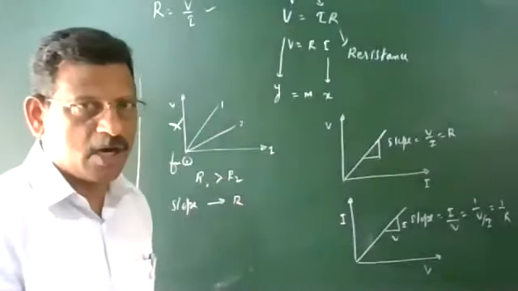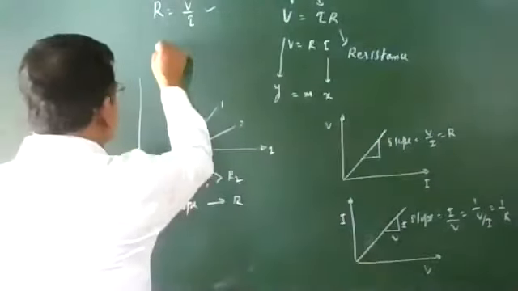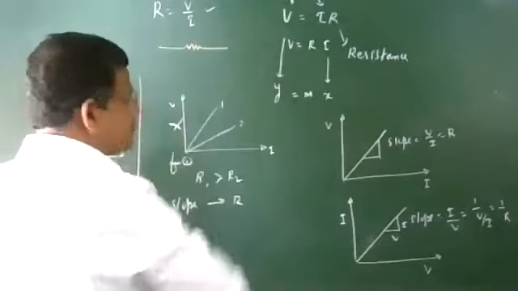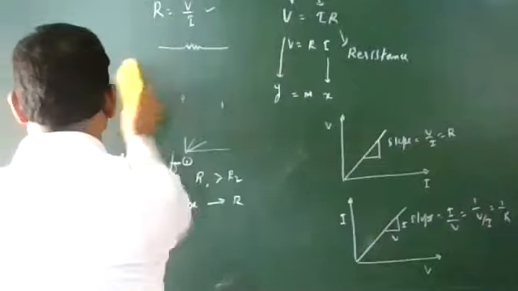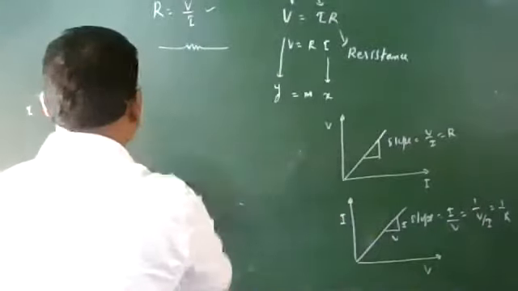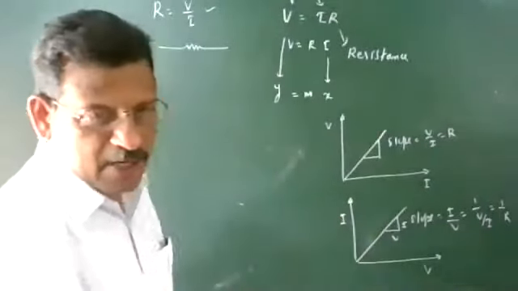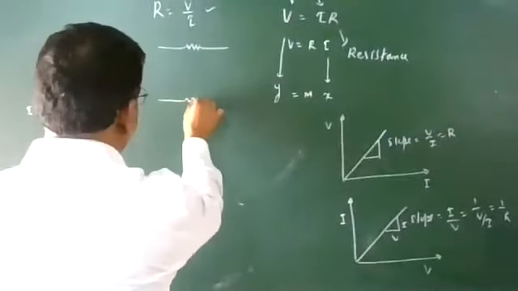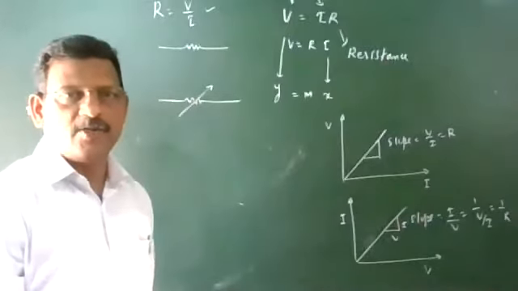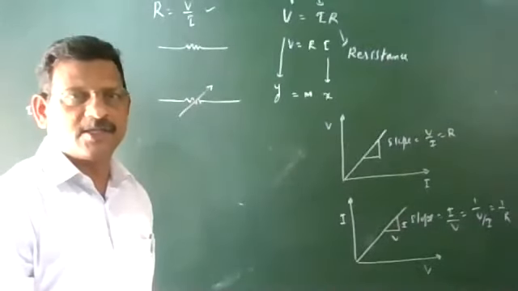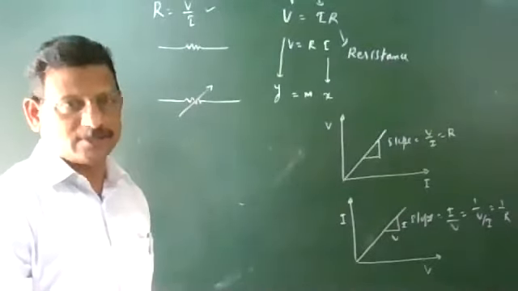How will you measure? Measurement is R equal to V upon I. A constant resistance can be represented by this. This is a symbolic representation of a resistance. If it is a variable resistance, we mark it like this. You can see a variable resistance in the physics lab also, that is a rheostat.